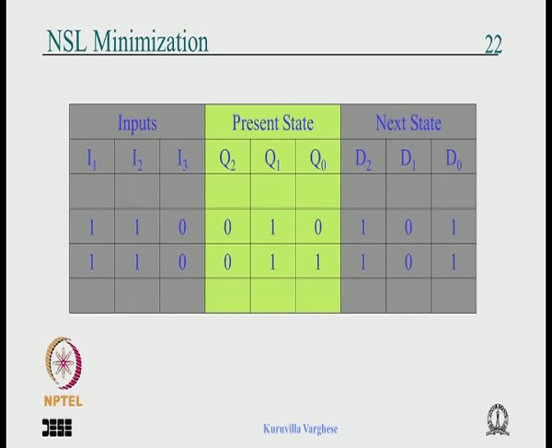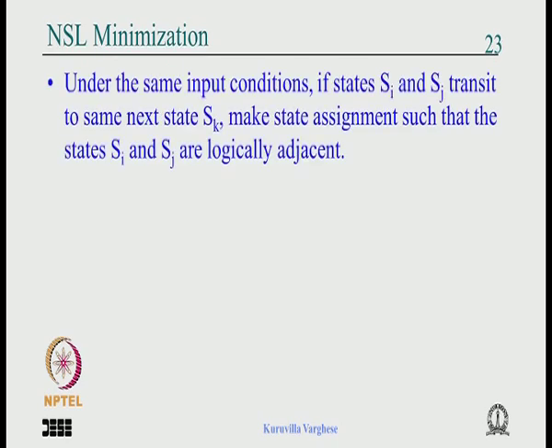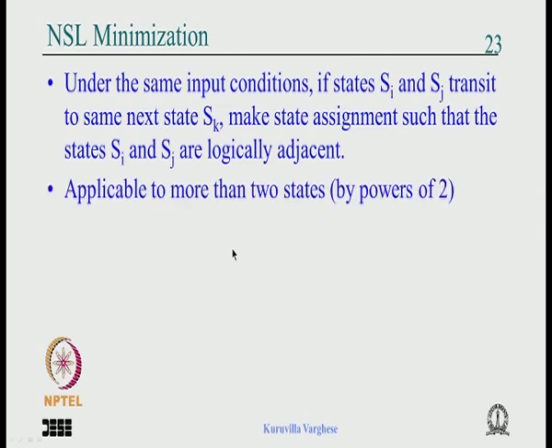That's the idea of the heuristics we can apply to next state logic minimization. So under the same input condition, if the states Si and Sj transit to the same next state Sk, make the assignment such that Si and Sj are logically adjacent, and this is applicable to more than 2 states.